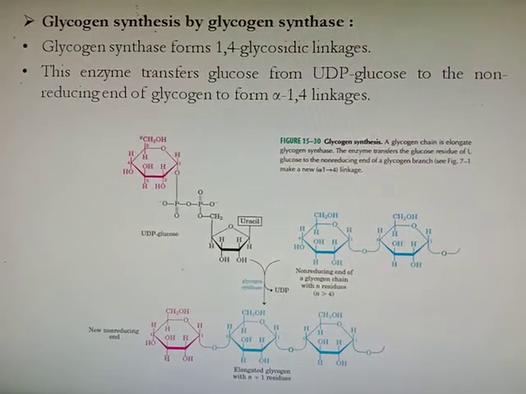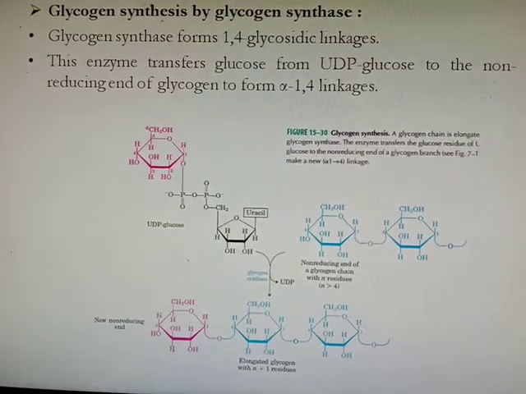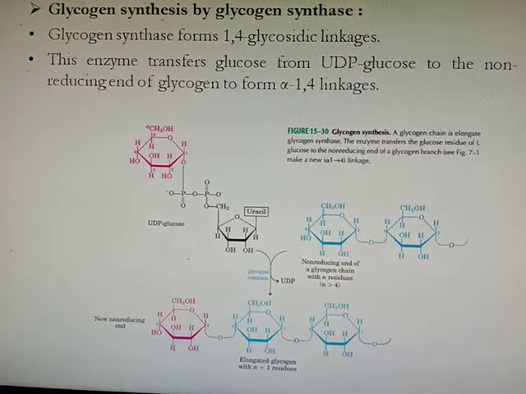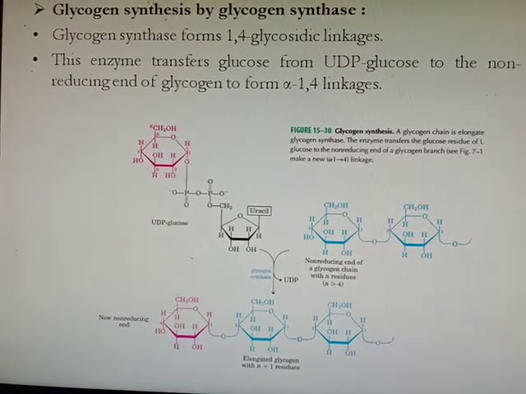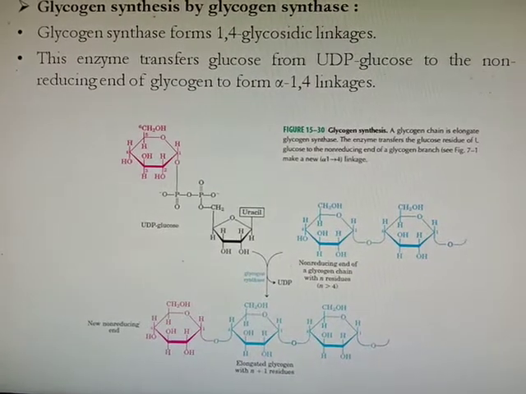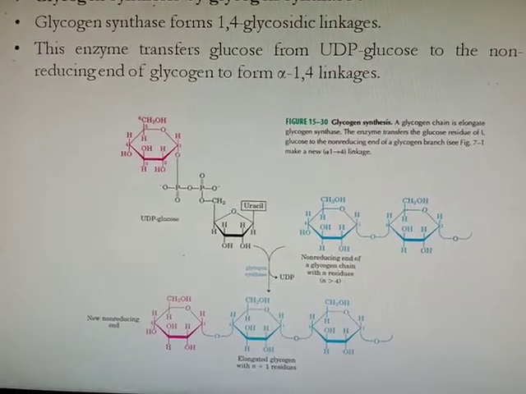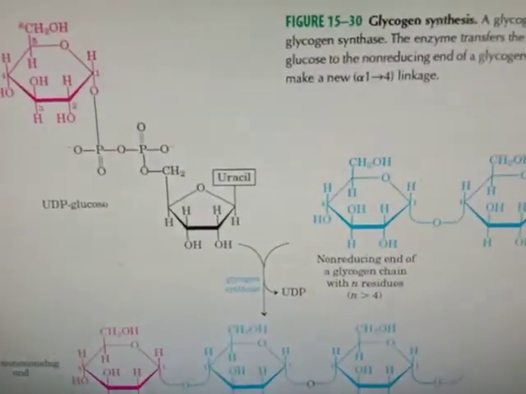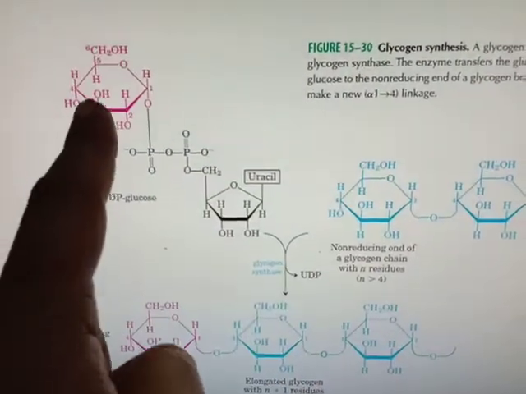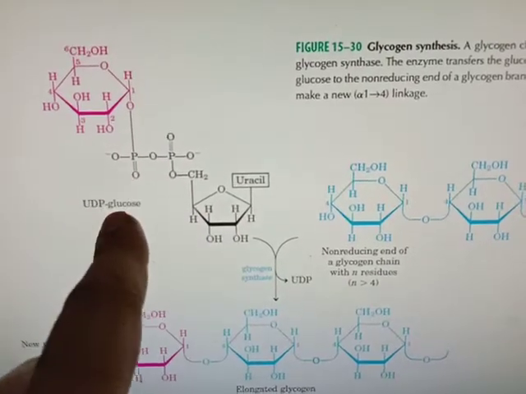Glycogen synthesis by glycogen synthase. Glycogen synthase is an enzyme which forms the alpha-1,4 glycosidic bond. This enzyme transfers glucose from UDP glucose to the non-reducing end of glycogen to form a 1,4 linkage. Now here see, this is a glucose molecule which is linked to UDP from UDP glucose.